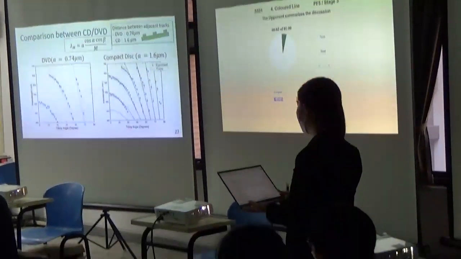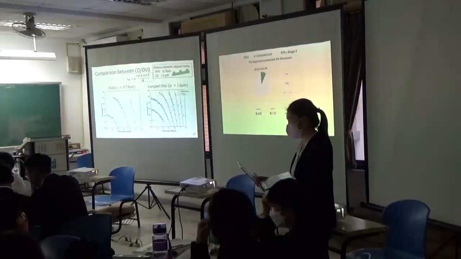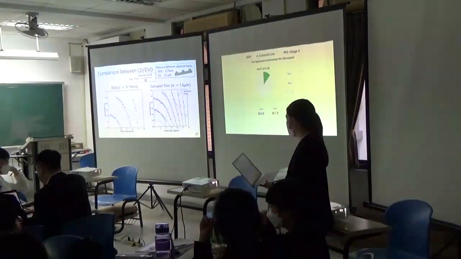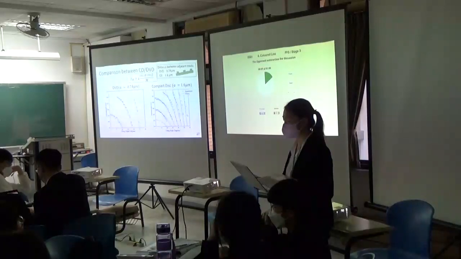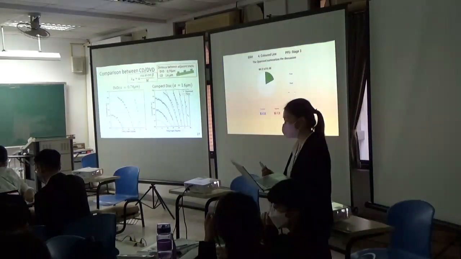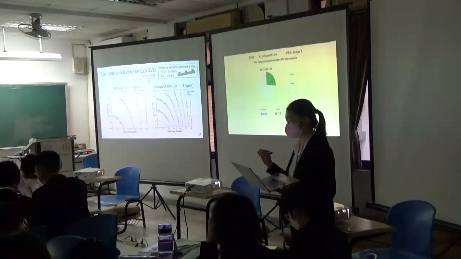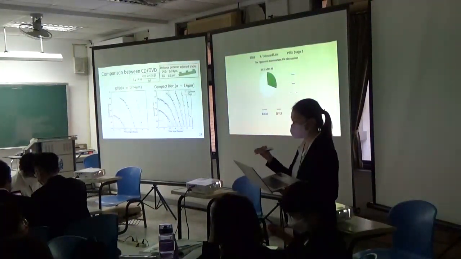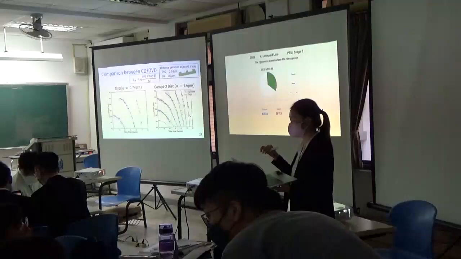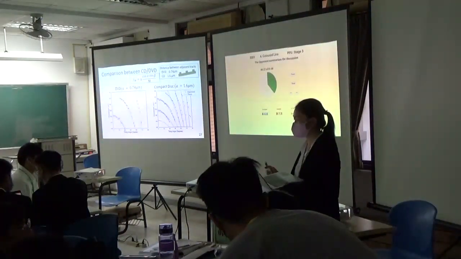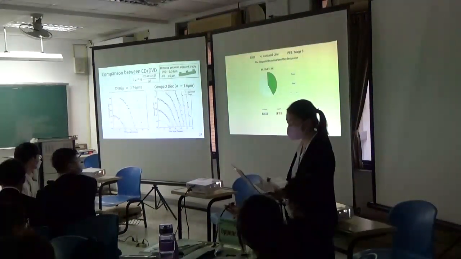From the discussion, we discussed the layers of the CD, and you can find it in the report. We think the CD will have 3 layers here, and the first one is plastic, and the second layer will have the stick and more. And in the report it has 4 layers here.